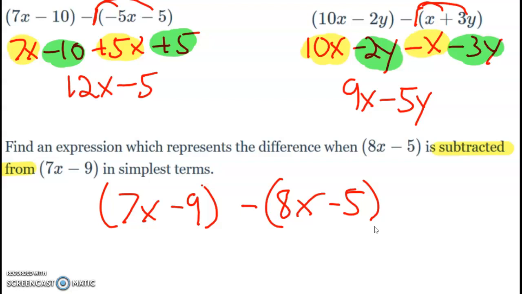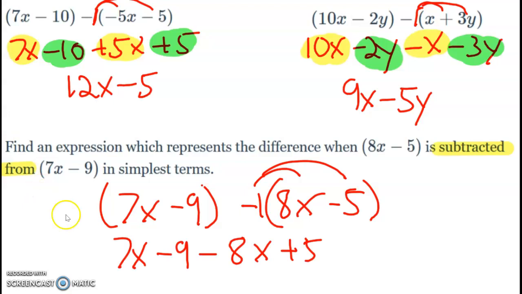So then it's just like the ones above here. And we're going to distribute that negative 1, that understood negative 1, on the second binomial. Alright, so now we got 7x minus 9. Negative 1 times positive 8x is negative 8x. Negative 1 times negative 5 is positive 5.